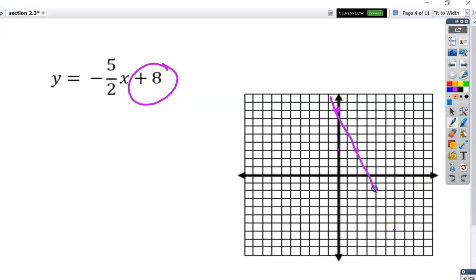And connect your points. And if I had more space, I also would have the option of going up 5 and to the left 2 spaces. So you just do the opposite of exactly what you just did.